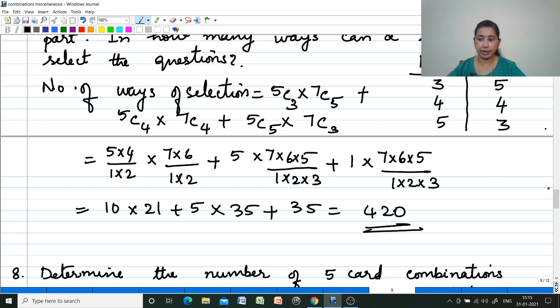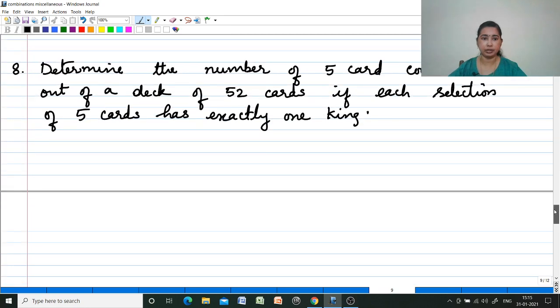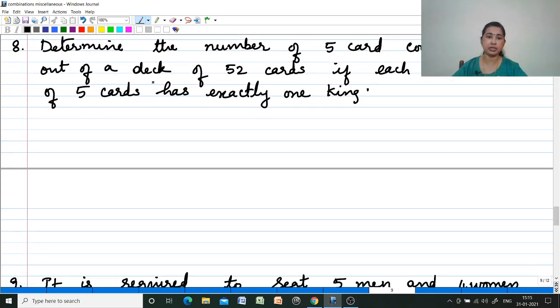Now question number 8. Determine the number of 5-card combinations out of a deck of 52 cards if each selection of 5 cards has exactly 1 king. In a deck of 52 cards, we have 4 kings and 48 remaining cards.